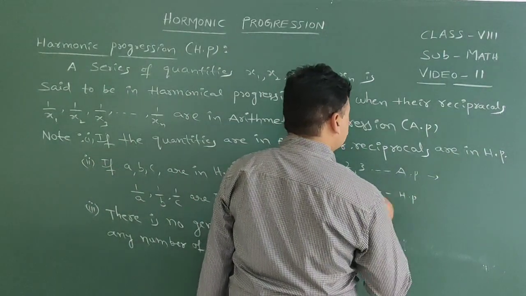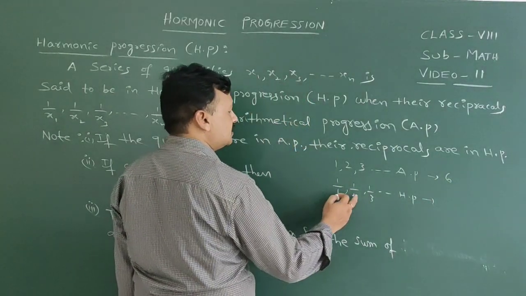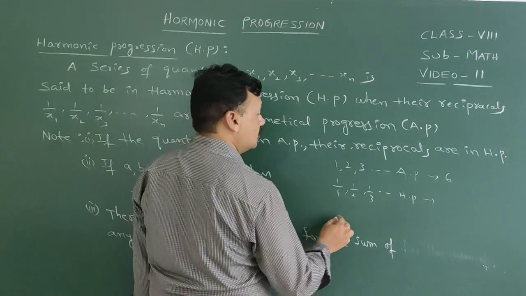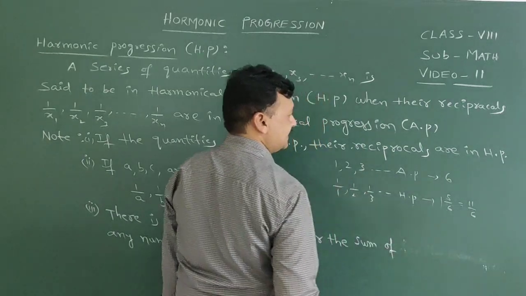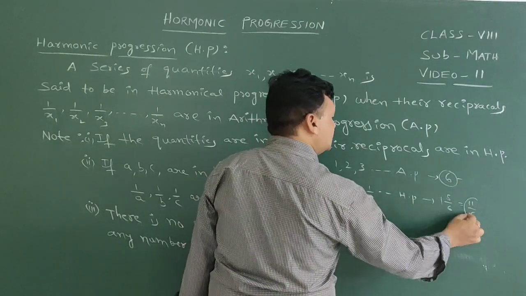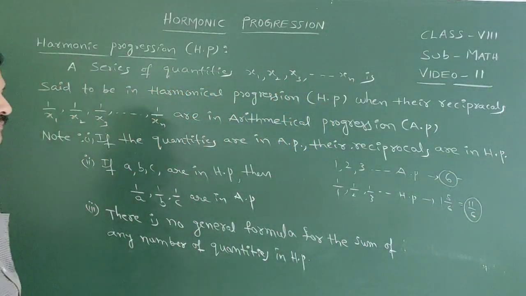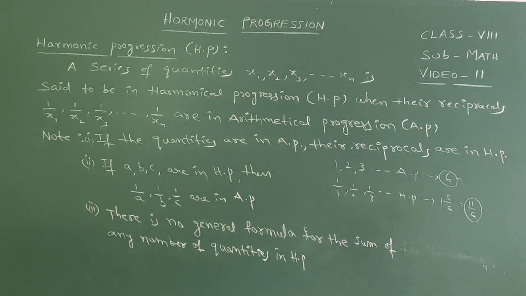What is the sum of this one? 1 plus 2 plus 3 equal to 6. What is the sum of this one? 1 plus 1 by 2 plus 1 by 3 equal to 1 5 by 6, that is 11 by 6. Here the sum of AP is 6, the sum of HP is 11 by 6. 11 by 6 is not the reciprocal form of 6. That's why we can't find Sn here. There is no special formula for finding Sn.